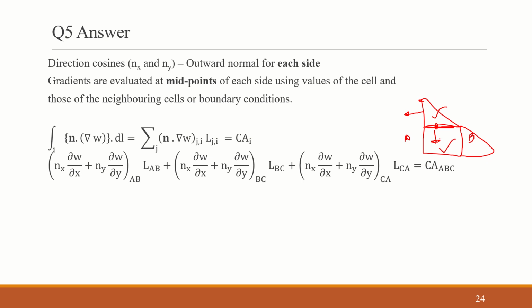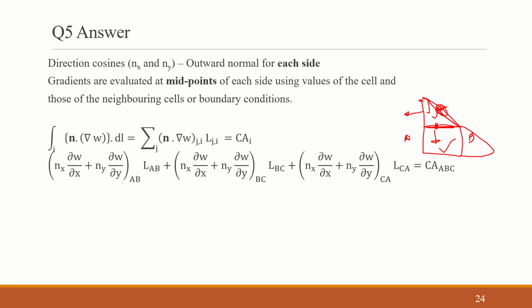For a side where neighbor cell information is not there, we have boundary conditions, so we use that. That is how we use it in the finite volume approach.